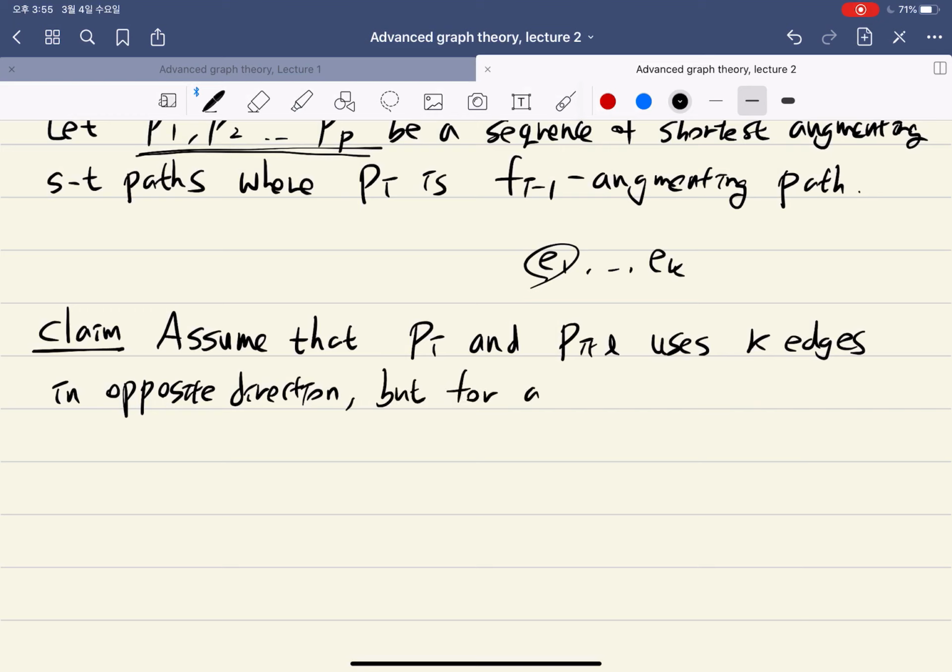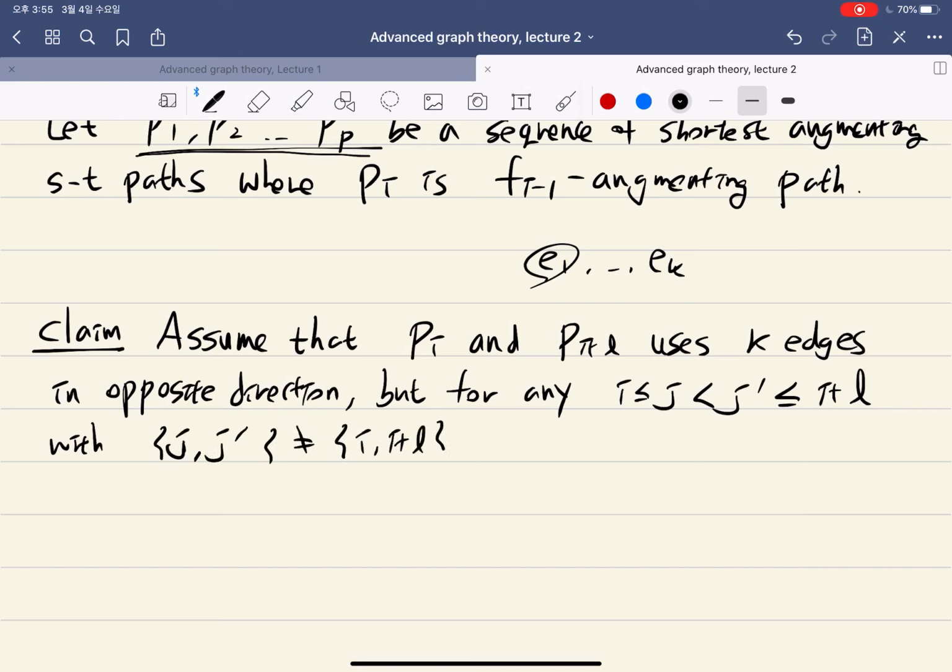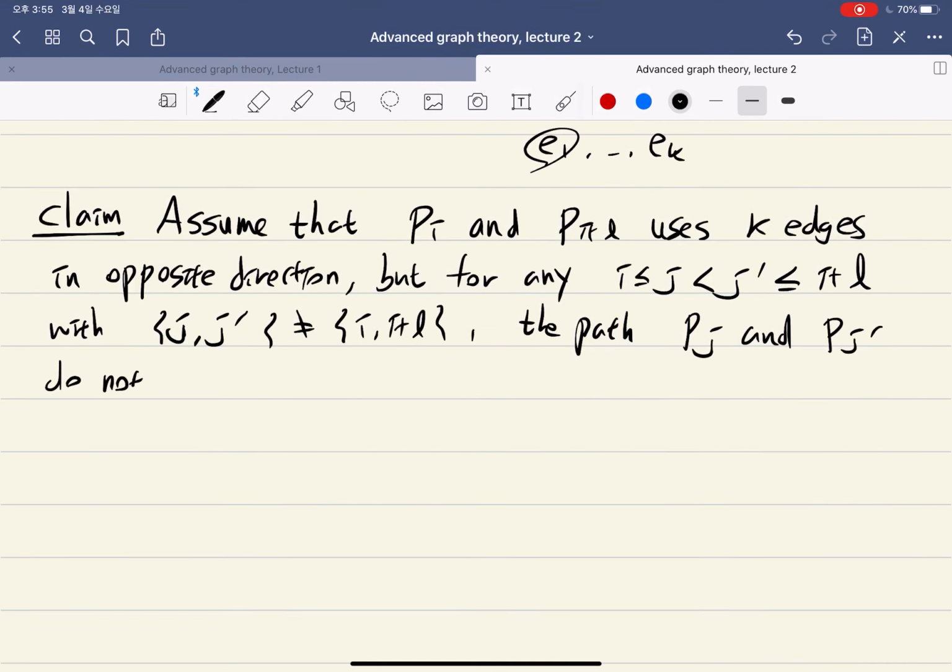But for any j and j prime nested between these two numbers, with j and j prime not i and i plus l, the paths Pj and Pj prime do not use any edge in opposite directions.